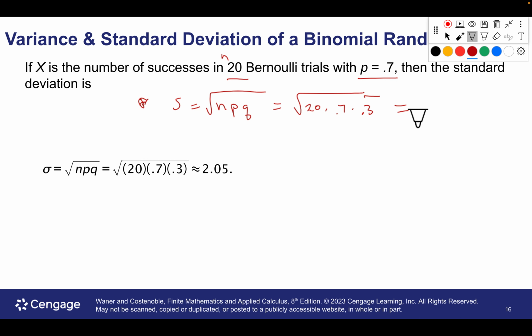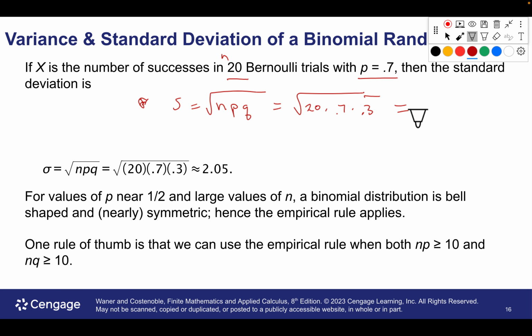Much simpler. The only thing we have to do is ensure that we have binomial or Bernoulli trials. But usually the way they set it up, that's what they're telling us, right? And again, if we're doing Bernoulli trials, usually they're large enough. Actually, they tell us if n times p is greater than 10 and n times q, the probability of failure, are also greater than 10, then we can use the empirical rule of 68%.